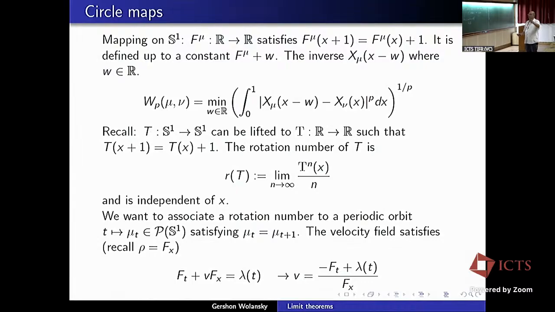It jumps from point to point on the real line and we take the limit divided by n. And this is independent of x, because if you take two points, x and y, on the unit interval, which represents the circle, then the distance between T^n(x) and T^n(y) is at most 1. So in the limit, that doesn't depend on x.